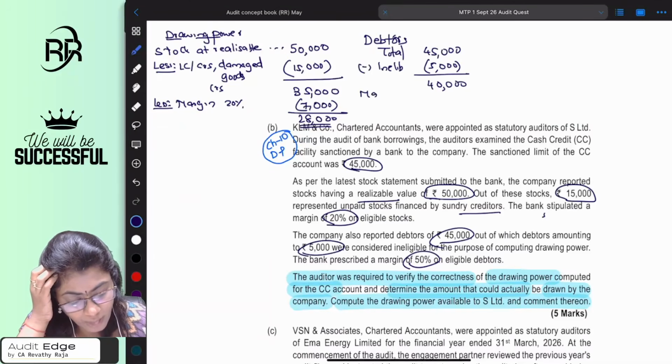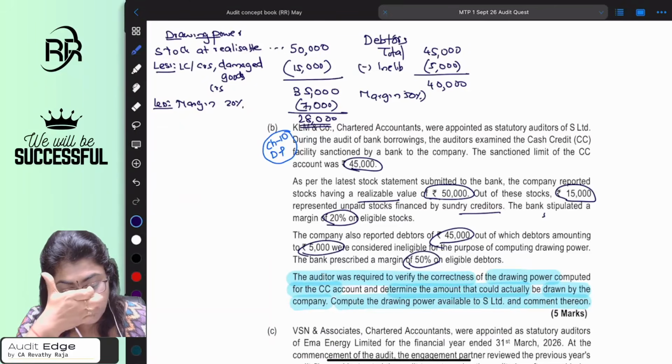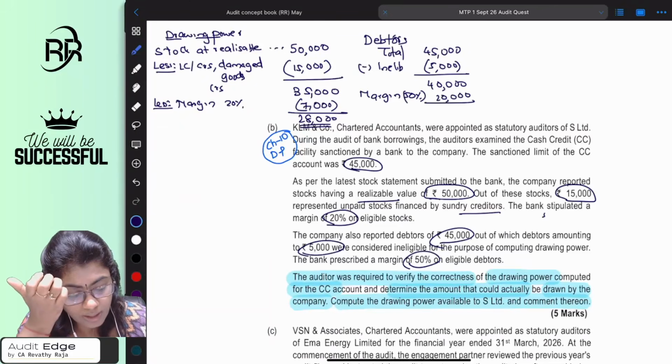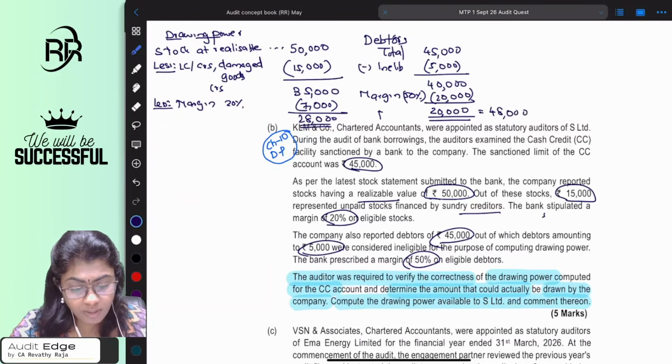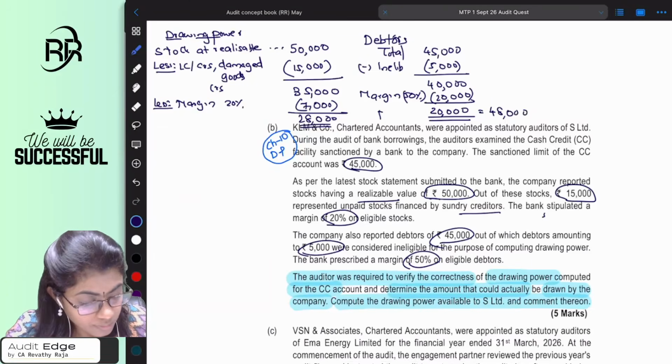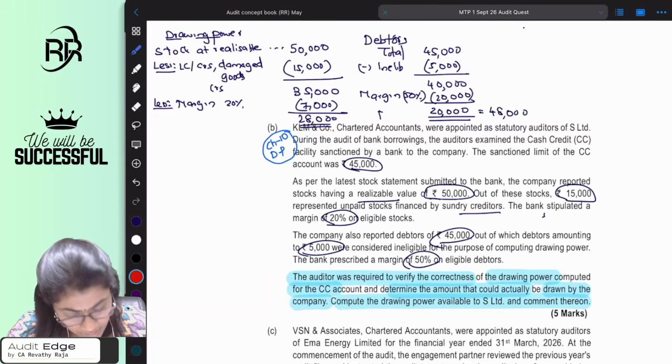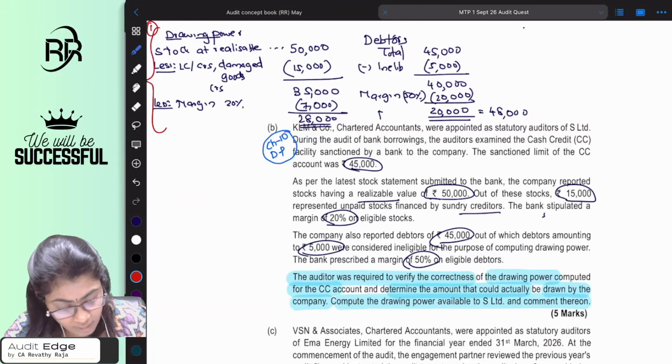Margin is 50%, so 20,000. So add it, you'll get 48,000. So this calculation you should show very well in the first part.